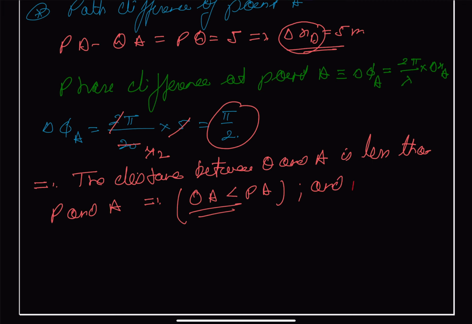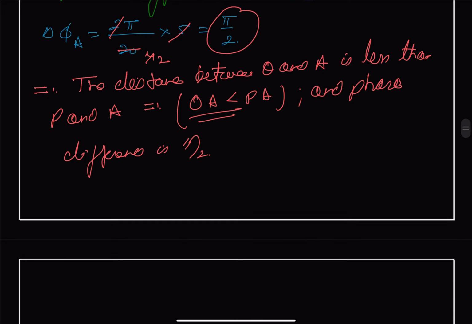But in the question we are also given that P leads Q by pi by 2.